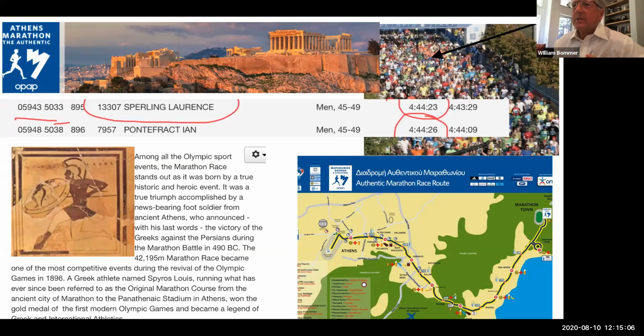I show the times that are circled there for importance. You can see in a typical marathon that's this crowded, and I show the start up there, the race starts and you're still a long way from the start line. And you can see Larry had to run a whole minute before he even got to the start line at that point in time.